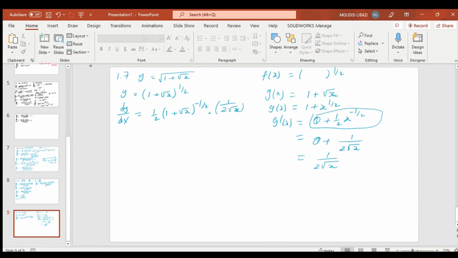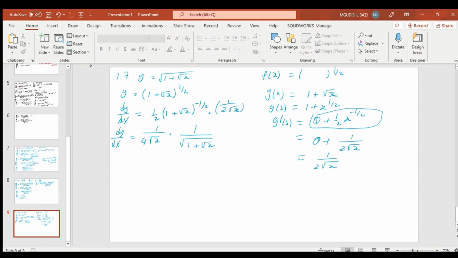So dy over dx is 1 over 2 multiplied by 1 over 2 root x, which is 1 over 4 root x, and then multiplied by 1 plus root x raised to minus 1 over 2, which is 1 over the square root of 1 plus root x.